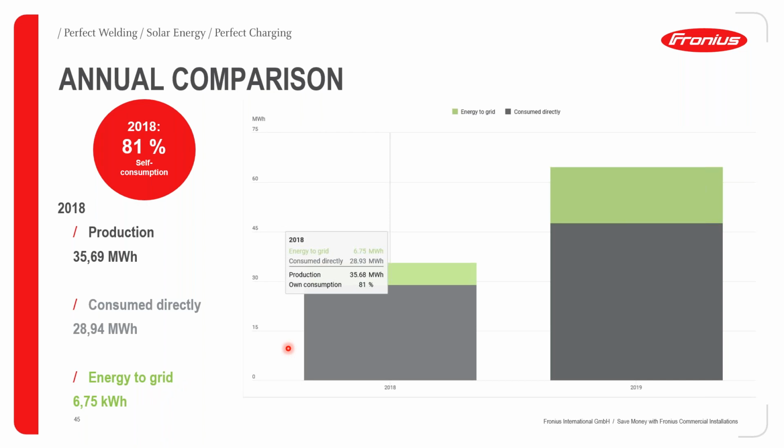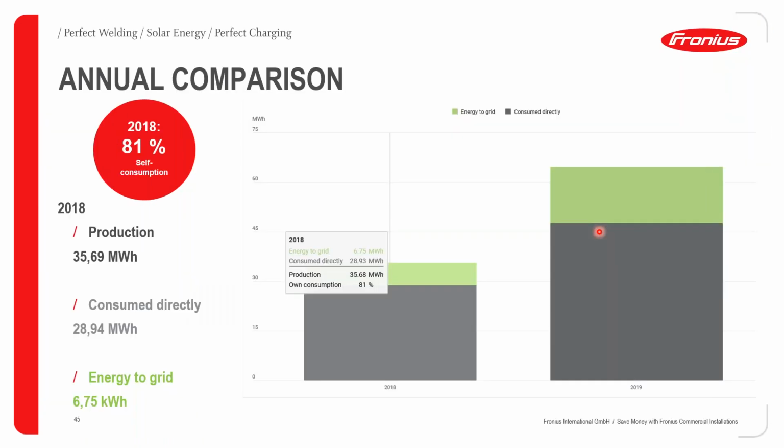This, of course, shows us how effective the installation was to, first of all, increase self-consumption and, of course, independence. The same can also be seen in the case for 2019. As you can see, the comparison between self-consumption rate and energy that was fed into the grid.